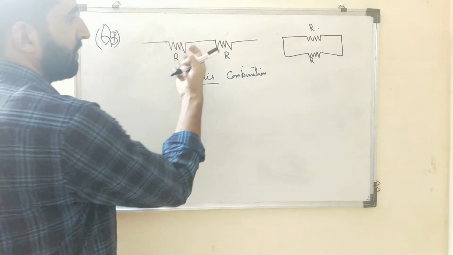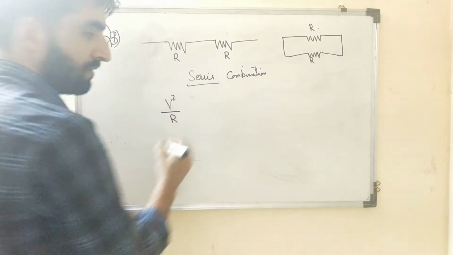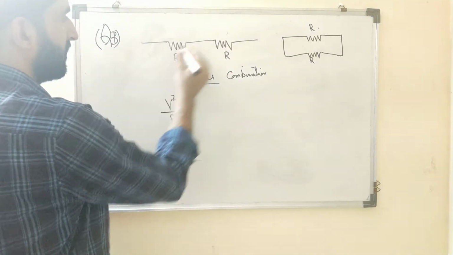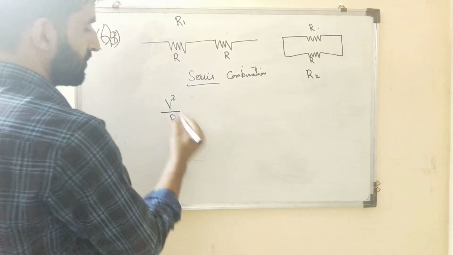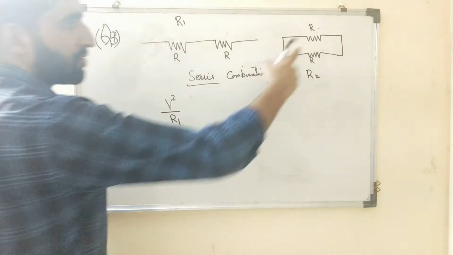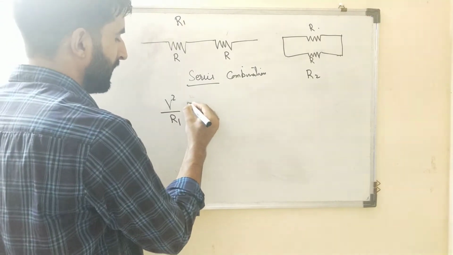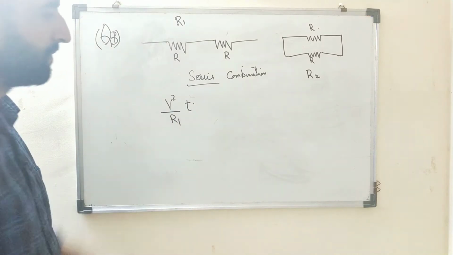Now we have to find out the ratio of heat produced in the series and in the parallel combination. So here the heat produced will be V square by R. Suppose net resistance here will be R1, here it will be R2. So this will be V square by R1. But this is basically power, so we have to multiply it with time.